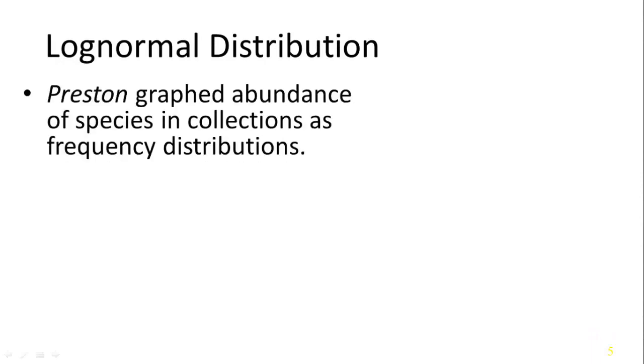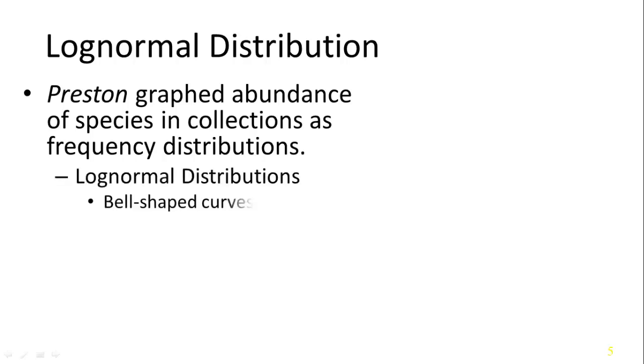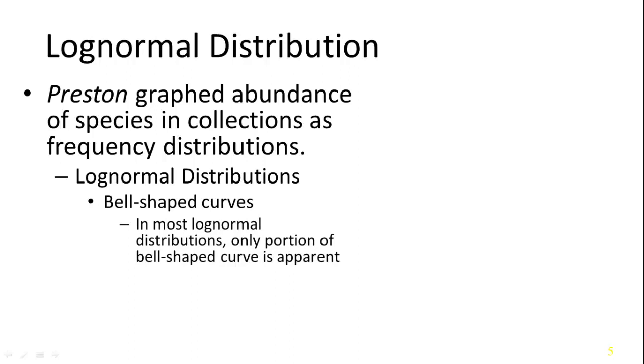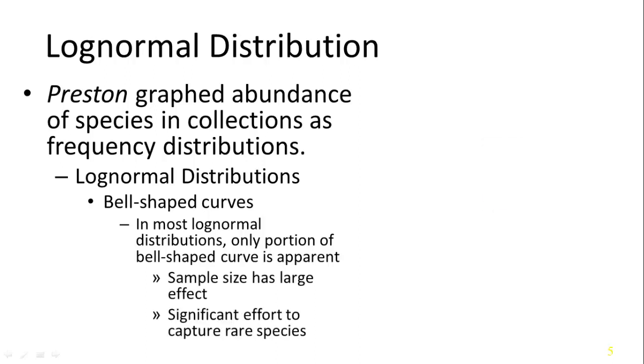One of them is called the log-normal distribution. So he graphed the abundance of species in collections. So looking at multiple species and seeing how abundant they were, and how frequently you found them. And what he found was they made up these bell-shaped curves, and most of them were log normal, meaning they had a normal distribution.